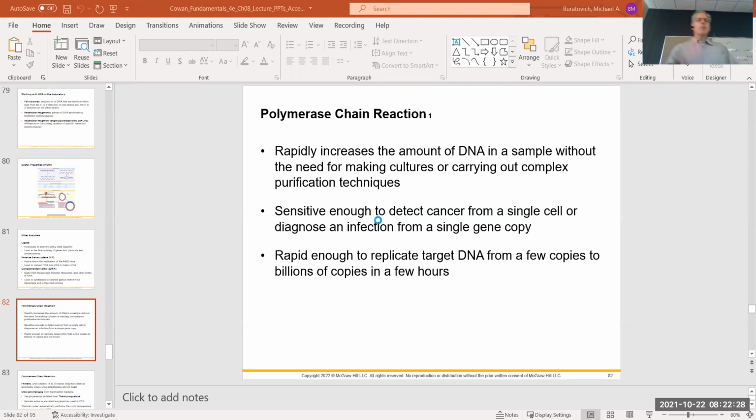And this repeated cycle of annealing, extending, or polymerizing, denaturing, and what have you, you start out with very small amounts of DNA, and then you make lots of it. This is the exact test that you have during a COVID test. So you get brained essentially with a swab, goes way up in your nasal cavity, and it doesn't feel very nice.